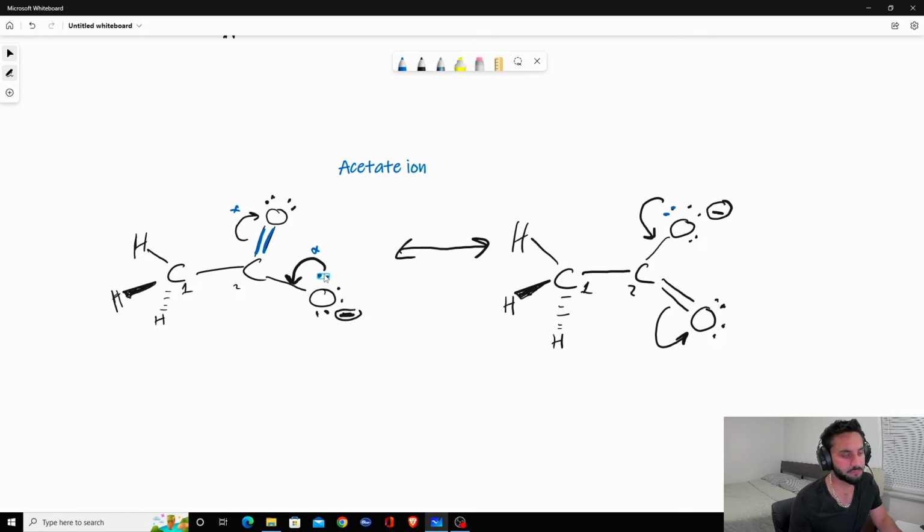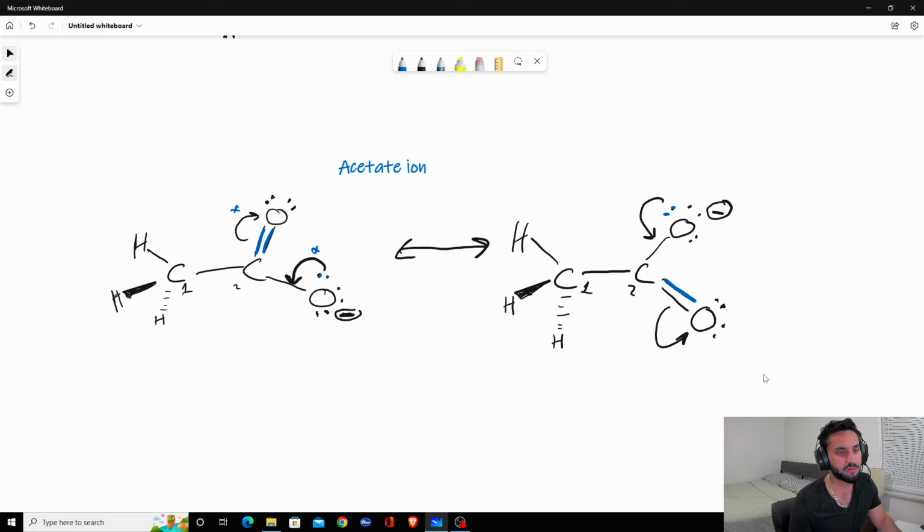Also, the non-bonding pair of electrons on this oxygen makes up the pi system here, as we can see on this structure on the right. The acetate ion has two resonance structures, and they both exist in nature equivalently.